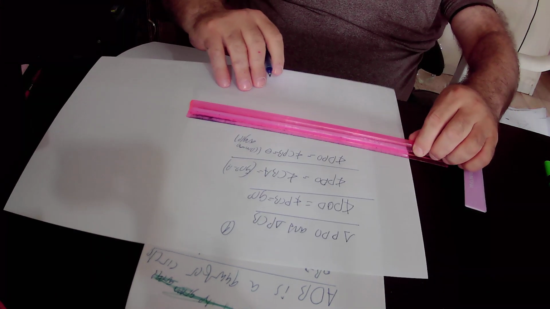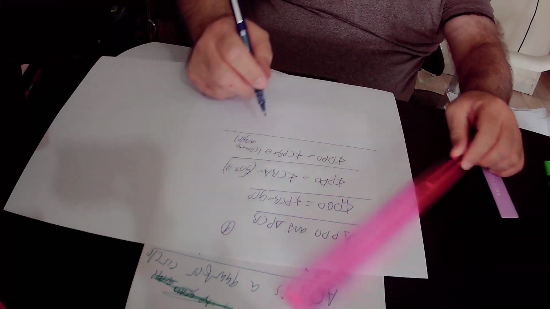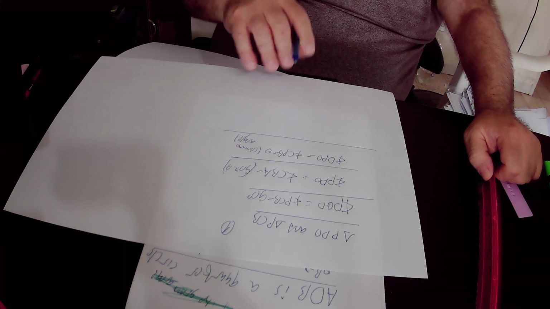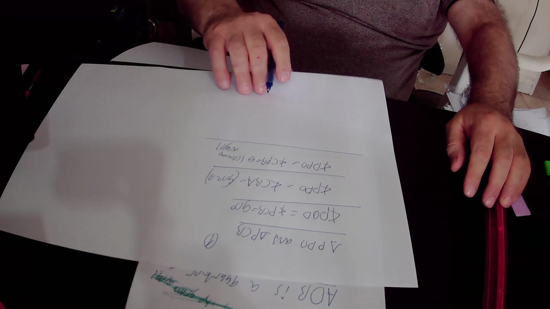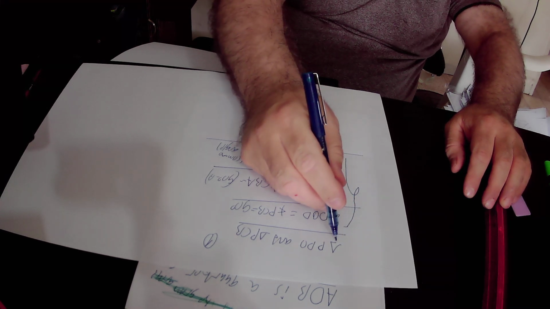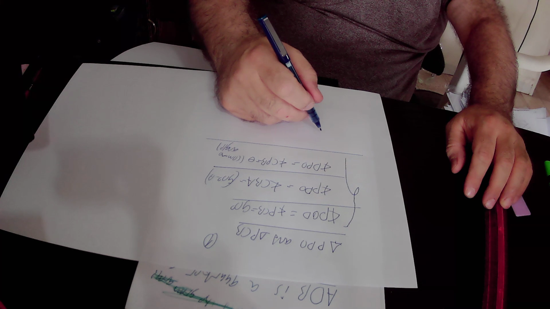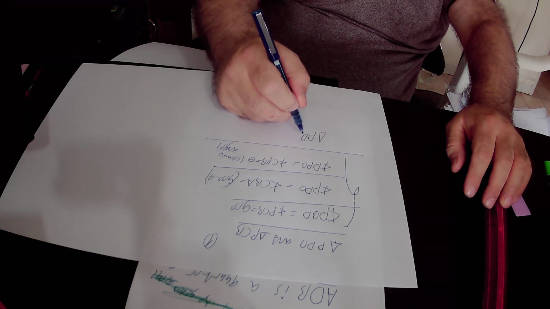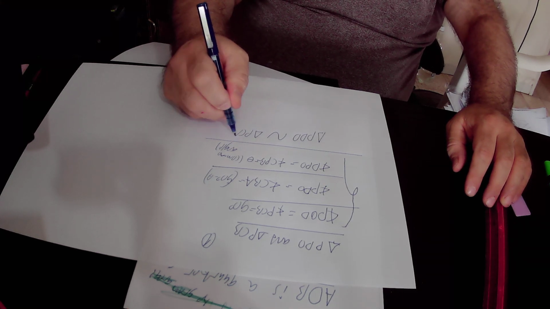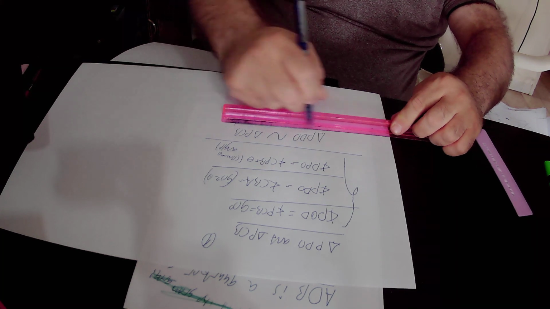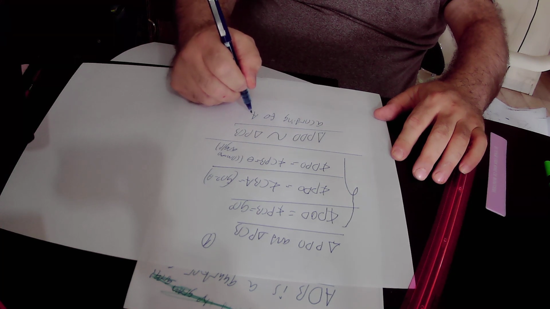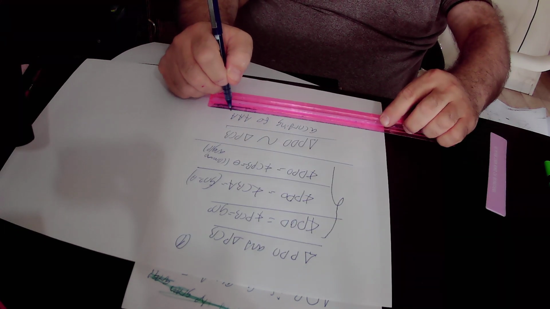That is to say, this angle equals itself, because it is a common angle that belongs to both triangles. So all three angles of triangle PDO are equal to all three angles of triangle PCB. Therefore, triangle PDO is similar, this is the sign of similar, to triangle PCB, according to the angle similarity rule.